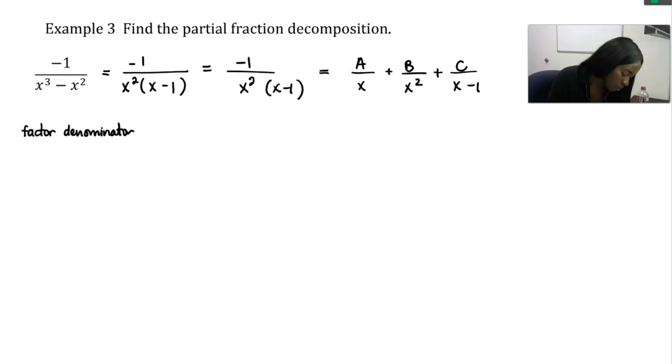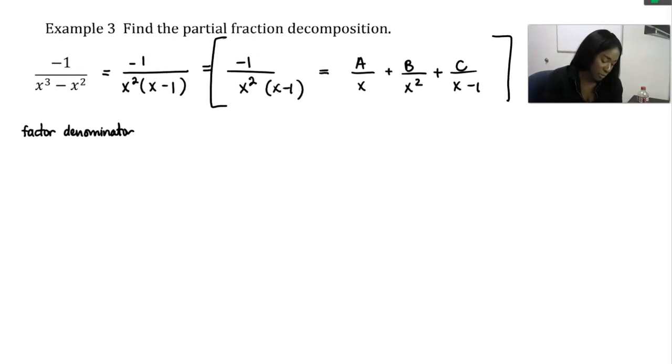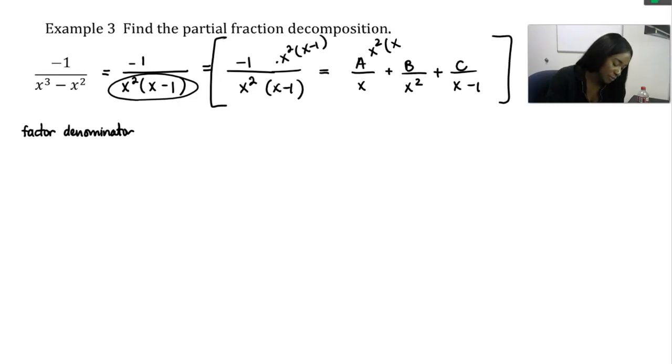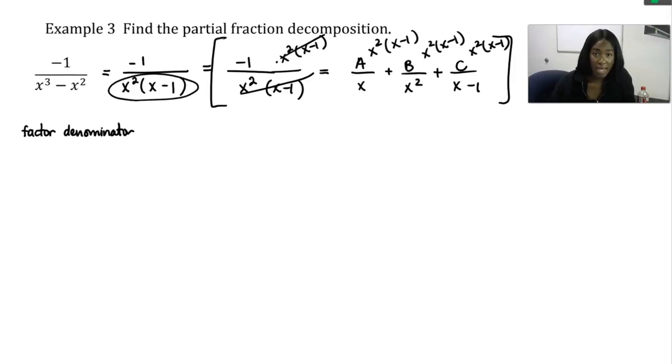Now we come in and we're going to multiply everything in here by this denominator. Everything's getting multiplied by x squared times x minus 1, because what we're doing is canceling out the denominators. So the entire denominator on the left side cancels out, and we're just left with negative 1. You have to be very careful with this multiplication on the right side.